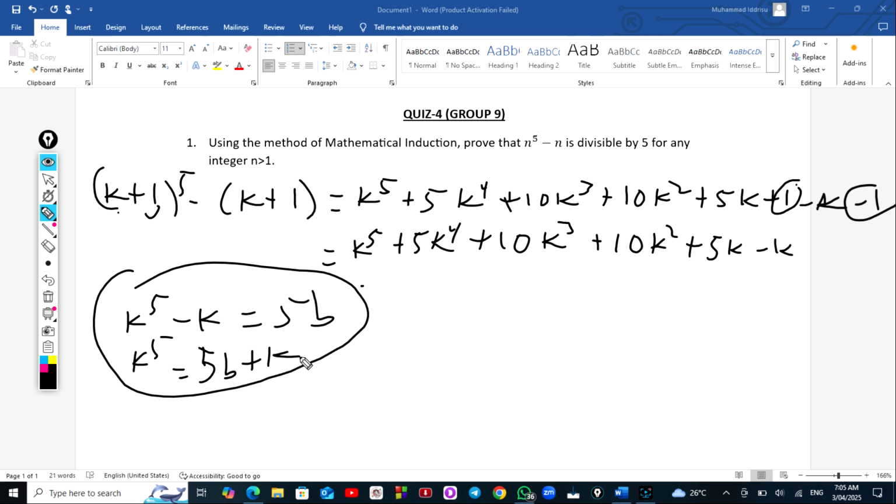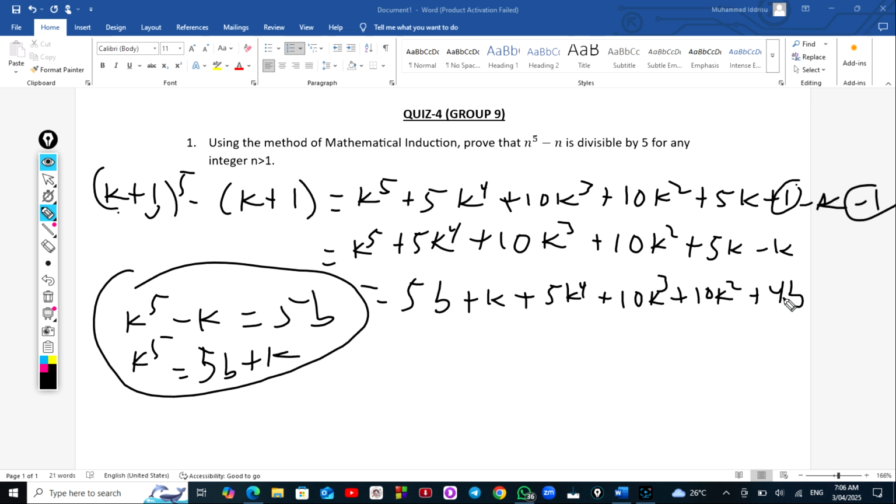So here, if we don't want to write k to the power 5, we can just write this 5b plus k plus 5k to the power 4 plus 10k to the power 3 plus 10k to the power 2 plus 5k minus k.